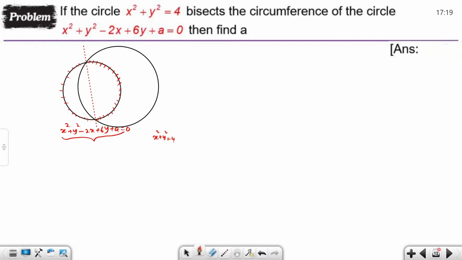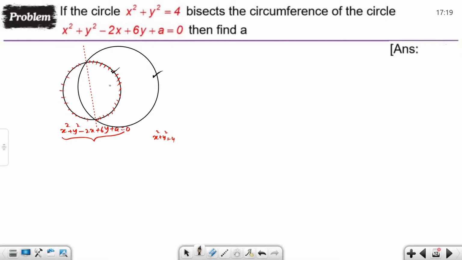Is it clear? What I am saying is this circle will bisect this circle. Bisect means bisects its circumference.